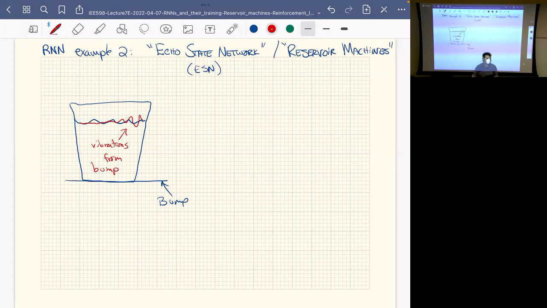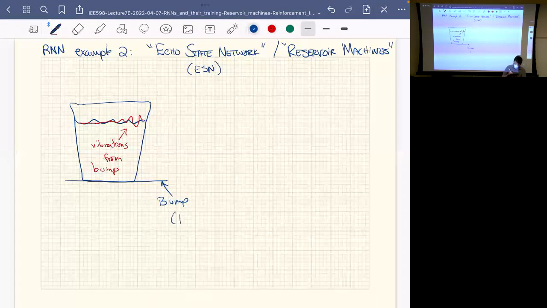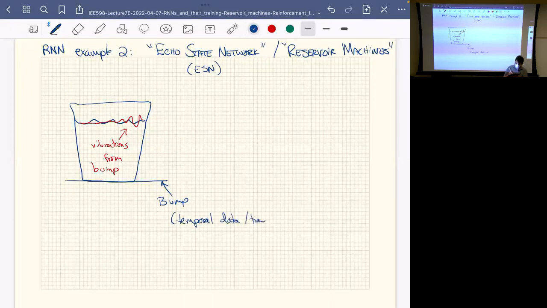So the thought is that you can take temporal data, so time series, and then turn it into spatiotemporal data.